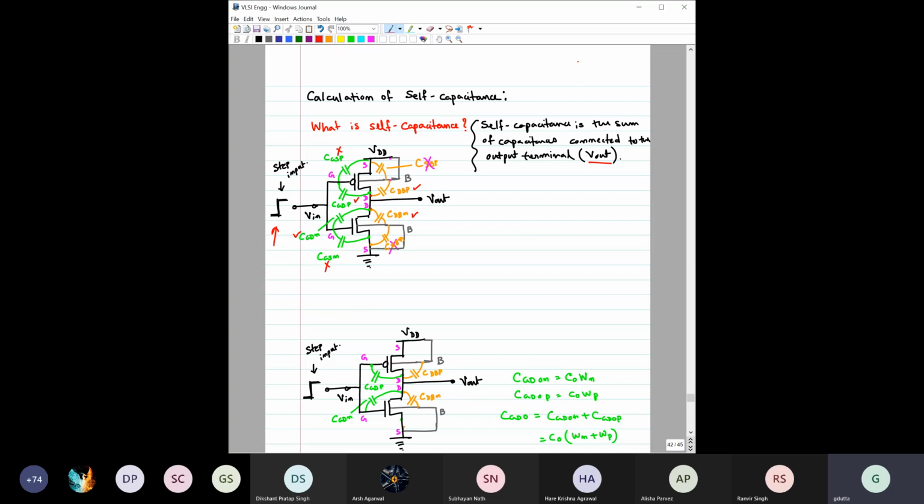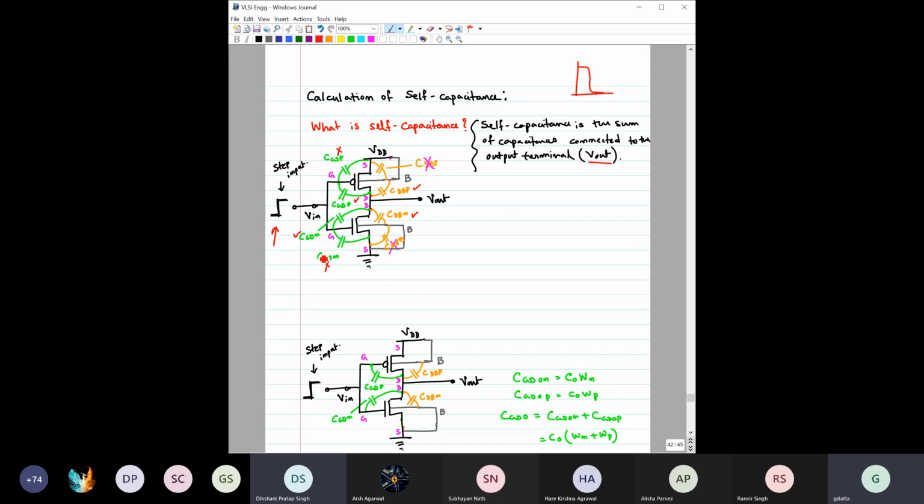If you consider the VTC, during most of the region both transistors would be either in the cutoff or in the saturation region. The linear region, the triode region of operation, would be very small for a good inverter. So it is easier for us because it is only cutoff or saturation.